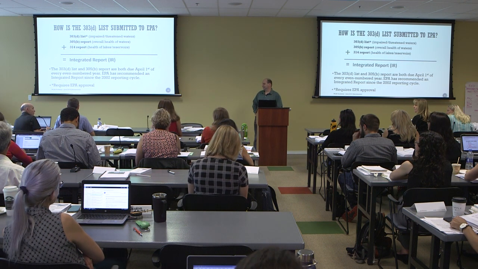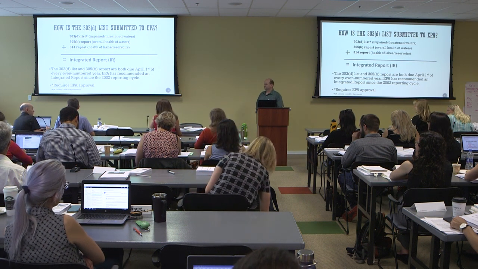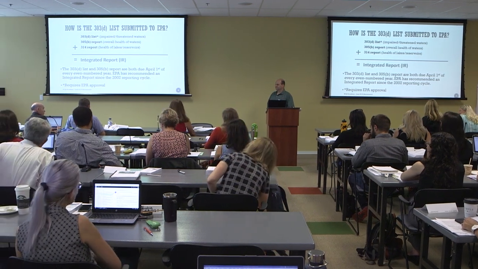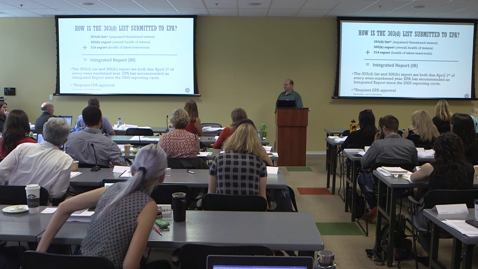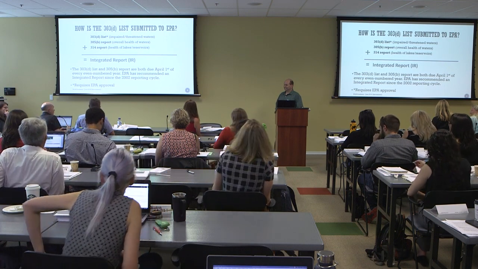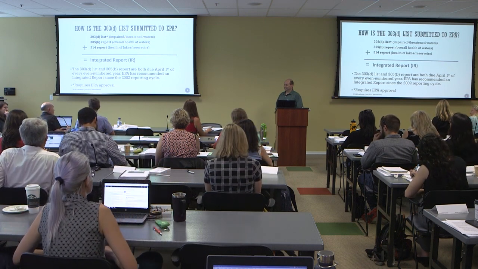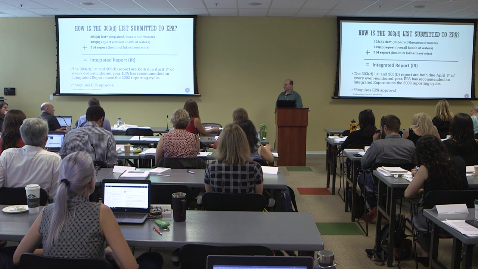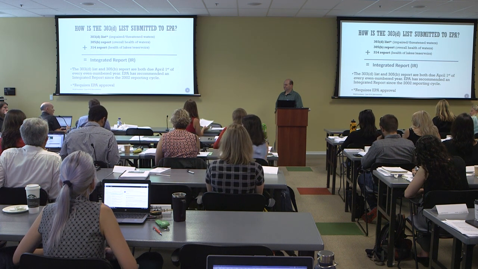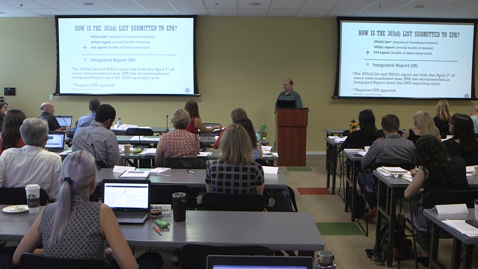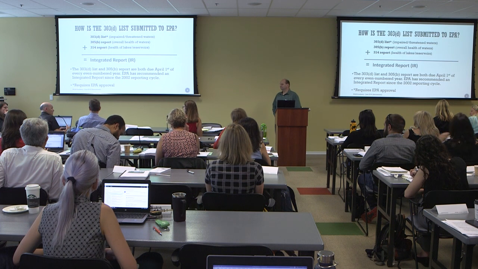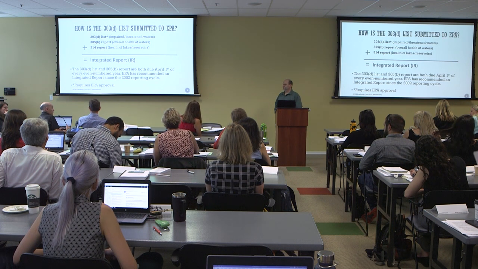So all of the information is put into this big database called ATTAINS, which has an acronym. But what's happened in the last 5 or 6, maybe 8 years is that headquarters has stopped using the data from the states to do their report to Congress, largely because it's apples and bananas.